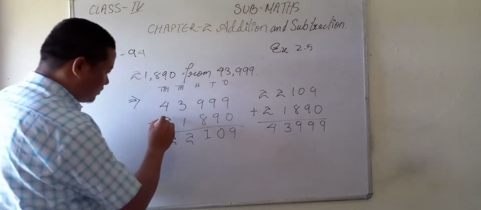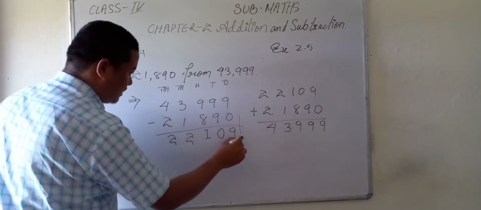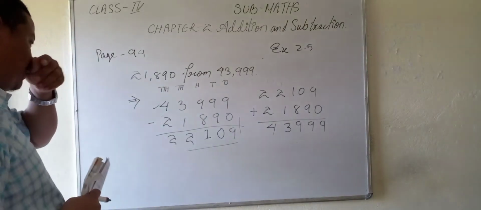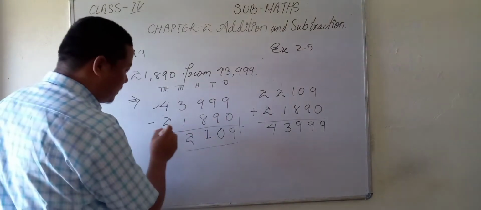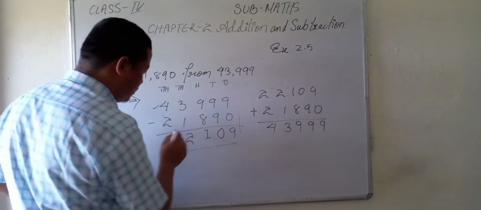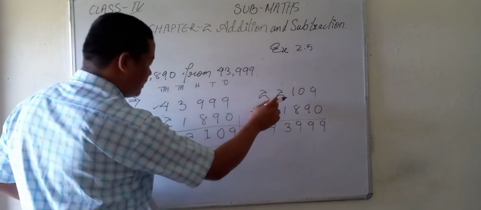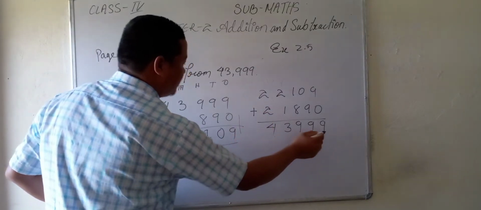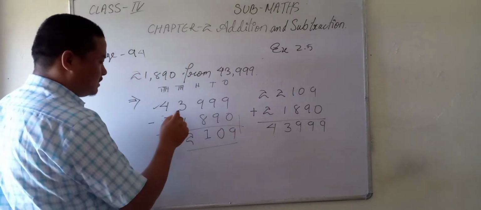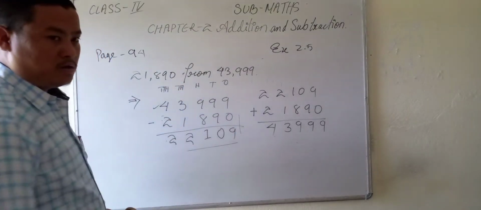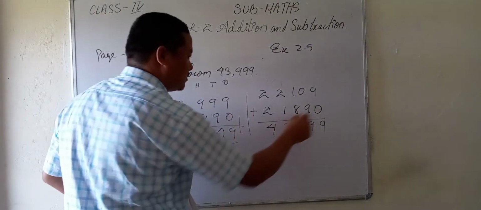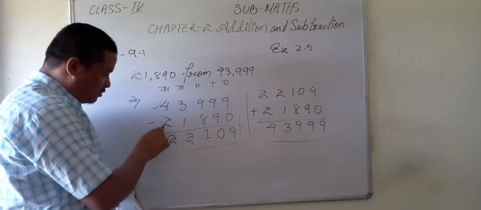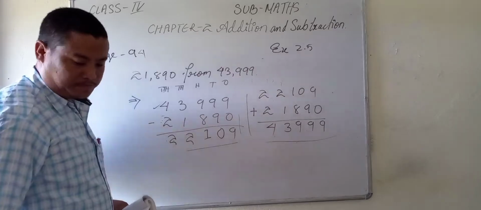When these two numbers are added, you have to get this number. So your answer will be right. Okay. So now look, when we add 22,109 and 21,890, we got 43,999. That means our answer is right. Okay. This is the way of checking by addition. Addition means adding these two numbers to check.